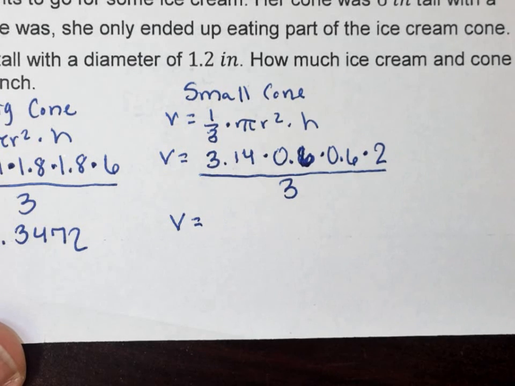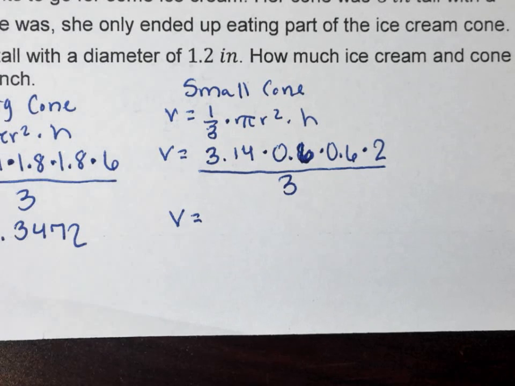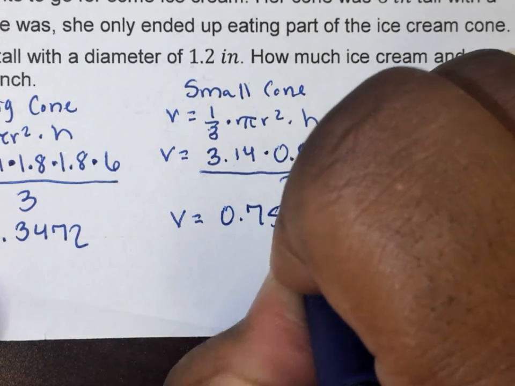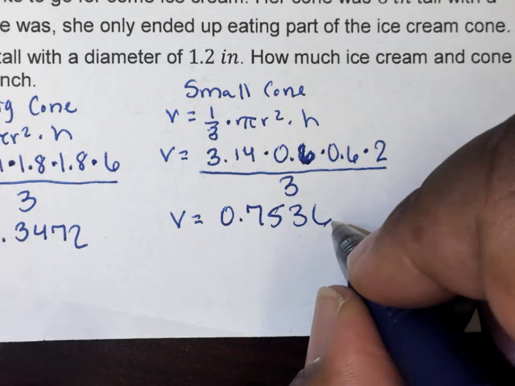You're going to get a small number, don't be scared. Give me like 2 minutes. 0.7536. Thank you, sir. That's going to be your volume on the second one.